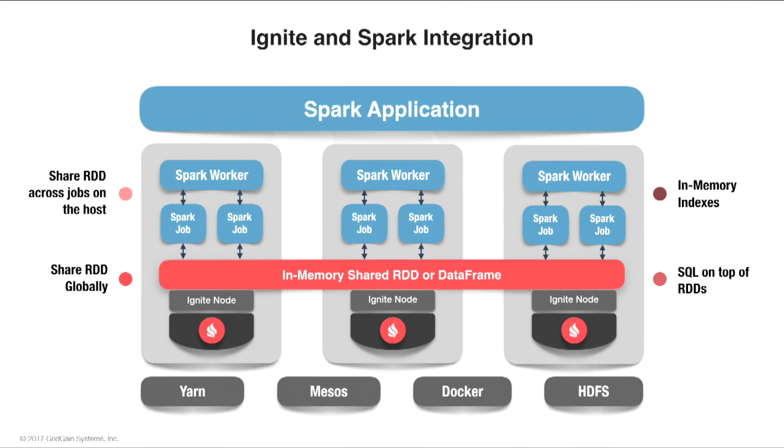And it will be mutable, simply because a shared RDD is just an interface on top of Apache Ignite data that you store. And if you try to update anything using Spark RDD interfaces, it will be immediately updated in your cluster. And all the other Spark workers will see these modifications.